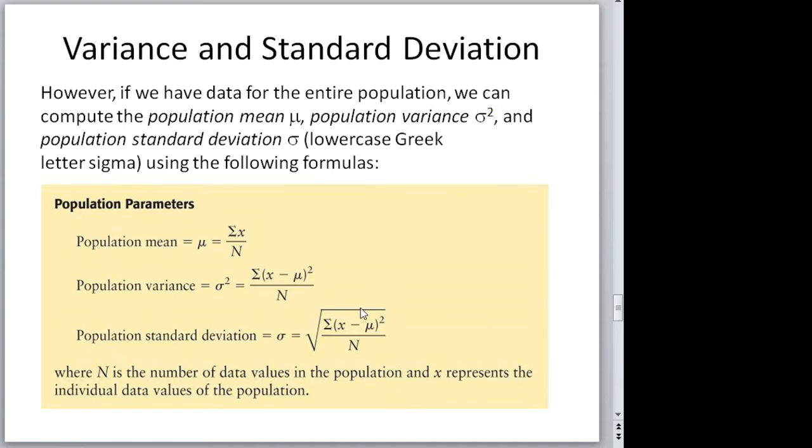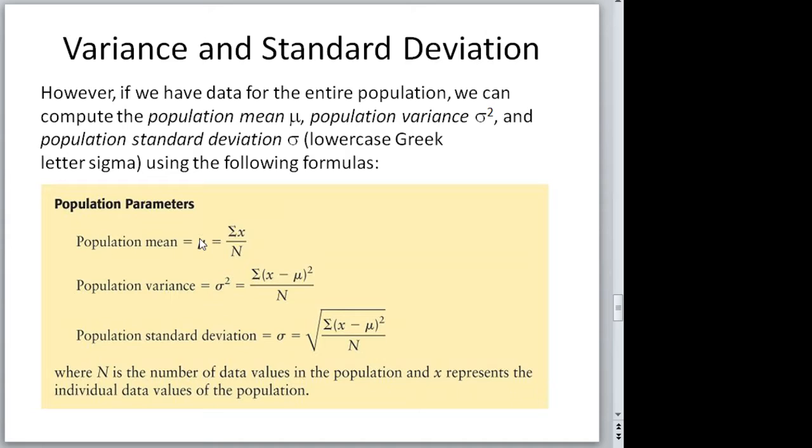Okay, so there you have it. For population variance, we use sigma square, and for the population standard deviation, we use sigma. And even the mean, we used x bar for the sample here, but remember this symbol right here from the last lecture?